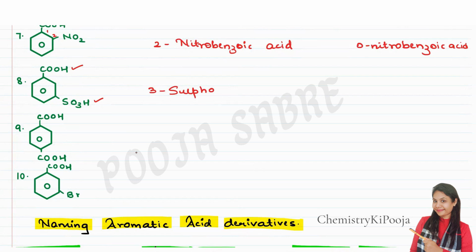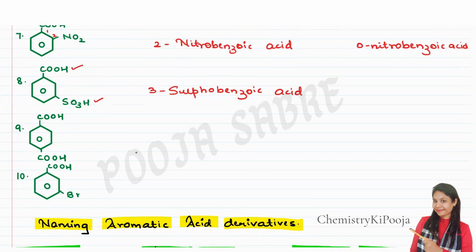Okay, and the sulfonic group can be written as sulfobenzoic acid. Remember, in the last lecture, we did a case where there was SO3H and aldehyde. So between aldehyde and SO3H, SO3H has more priority. But between COOH and SO3H, COOH has more priority. Okay. So this is the answer.